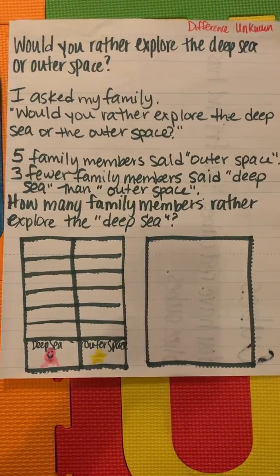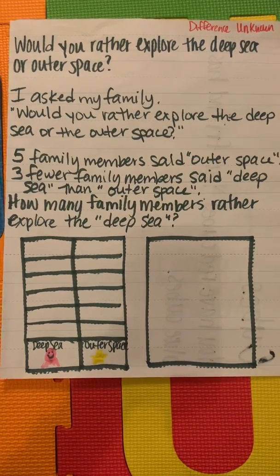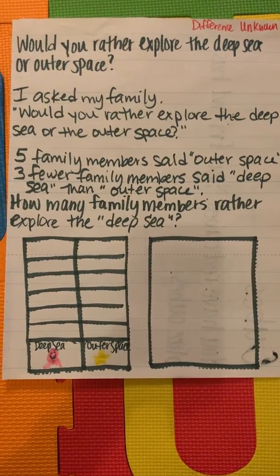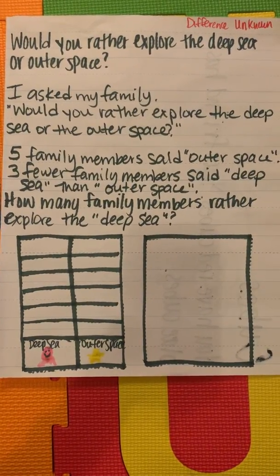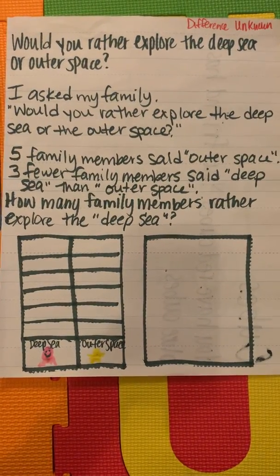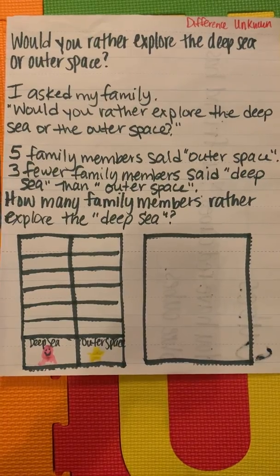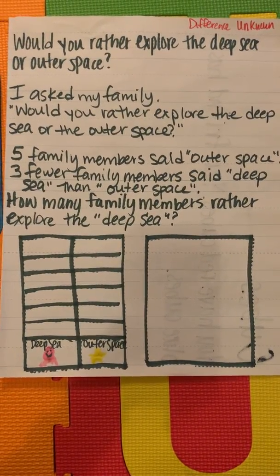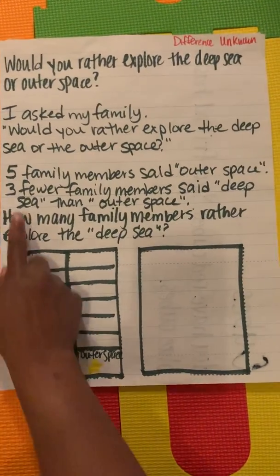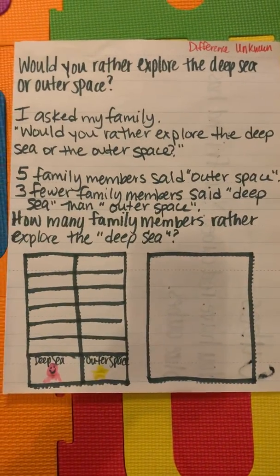So I'm going to reread it again, and this time I want you to visualize. As we're visualizing, we'll go ahead and start solving the problem. Would you rather explore the deep sea or outer space? I asked my family, would you rather explore the deep sea or outer space? 5 family members said outer space.